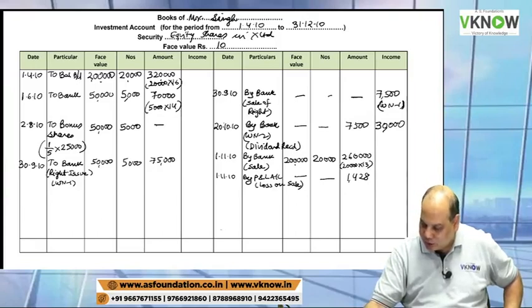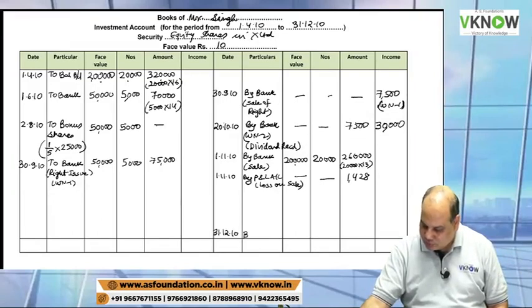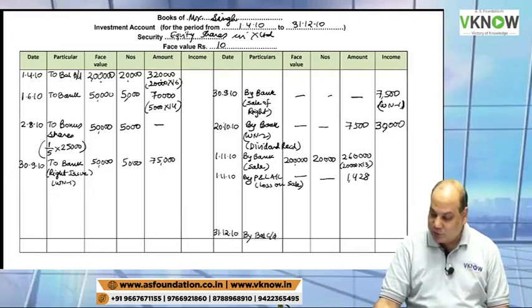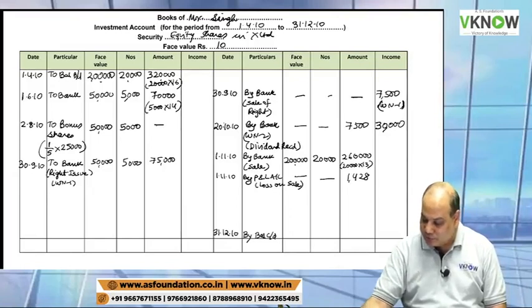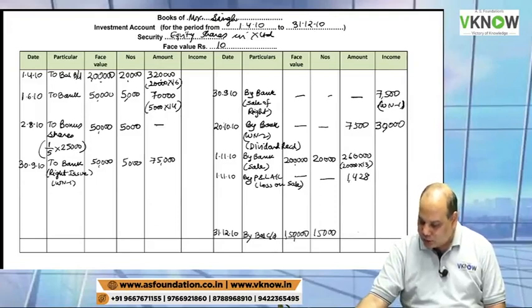And then we will write down in the last line 31/12/10, by balance carried down. Count the number of shares left, 15,000, 1,50,000, and the valuation is done in the last working note.